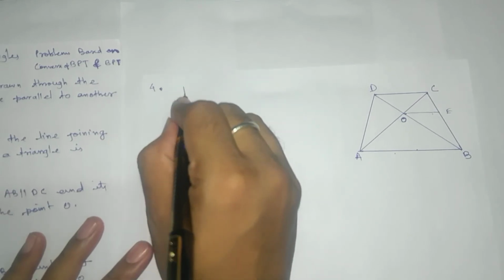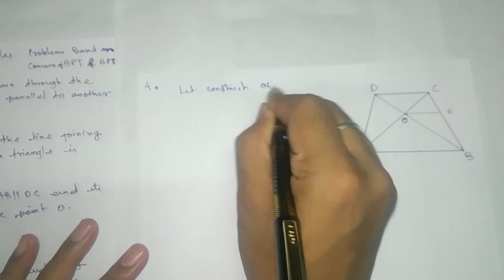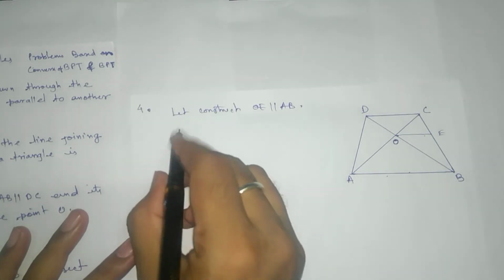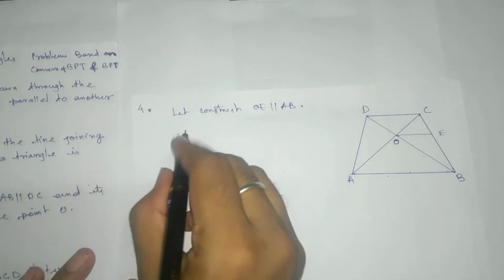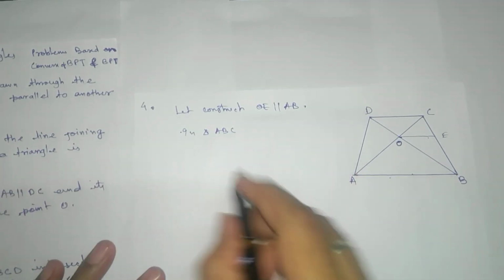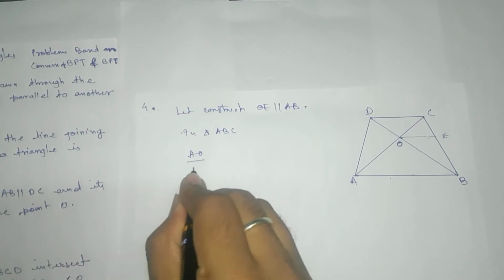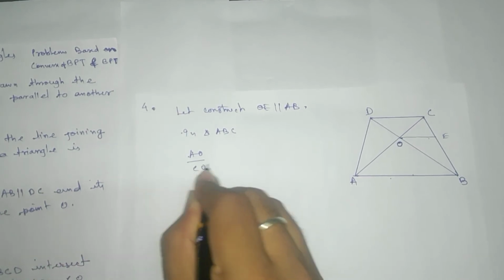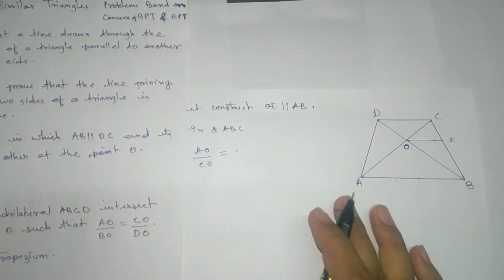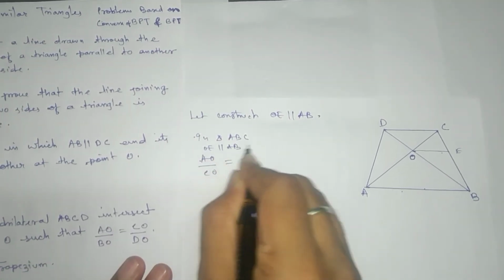So construction we will do. Let construct OE parallel to AB. Now in triangle ABC, we can write that AO by CO equals to, see, in triangle first you mention here OE is parallel to AB by construction.